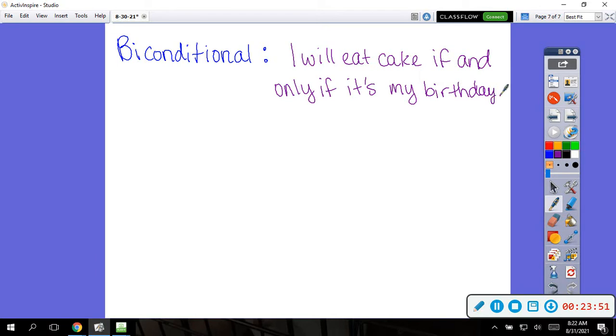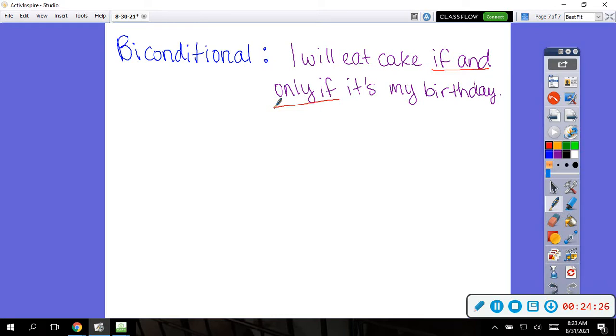The words that let you know it's a biconditional are "if and only if." That means when I take my original sentence and switch it around, it's still true. So if it's true that if it's my birthday, I'll eat cake, then if I write it as a biconditional, it would also be true to say, if I eat cake, then it's my birthday, or if I don't eat cake, then it's not my birthday. Because all of those things would have the same truth value.